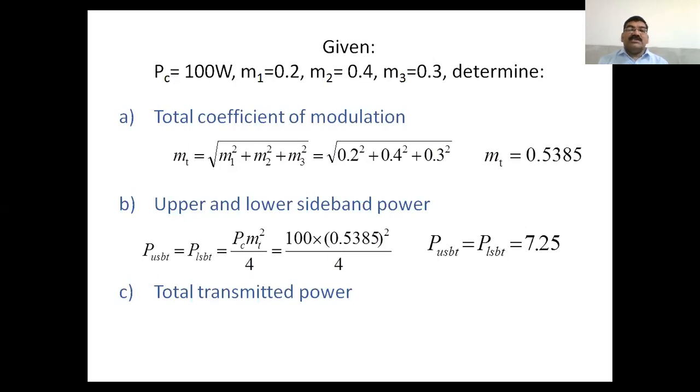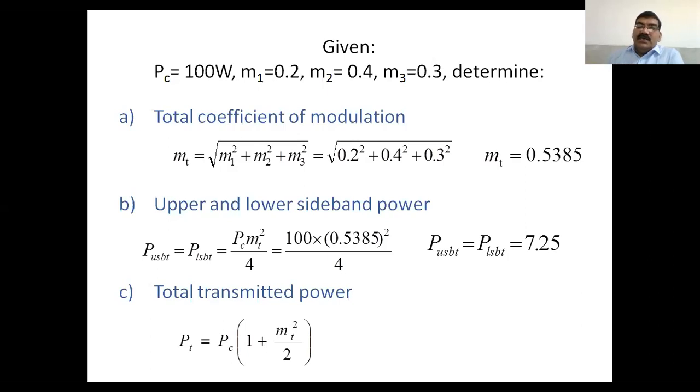Total transmitted power. What will be the total transmitted power? You have the power transmitted by the upper sideband, by the lower sideband, and by the carrier. Simply add them. Or this is the alternative formula. Just verify by both formulas whether you get the same power.